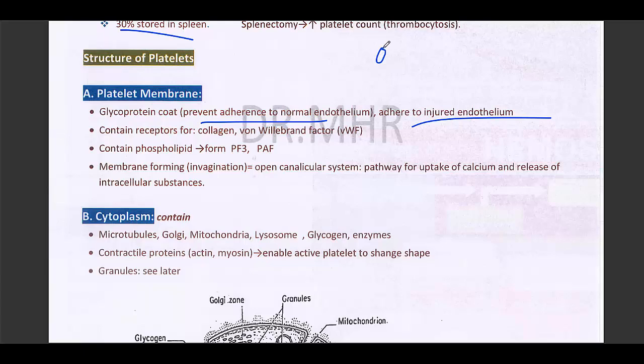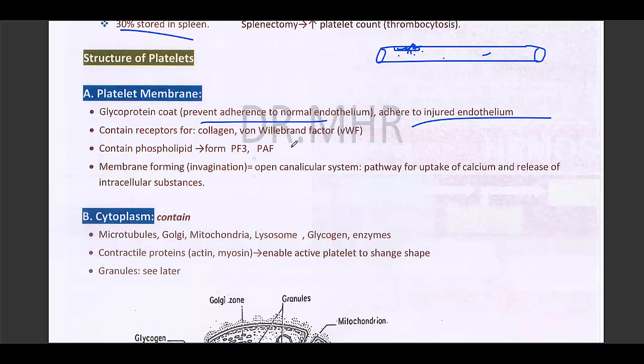If you notice, this is for example a capillary. In a normal capillary, platelets don't stick to it. If there is an injury in the capillary like here, platelets come and adhere at this site to close the opening.